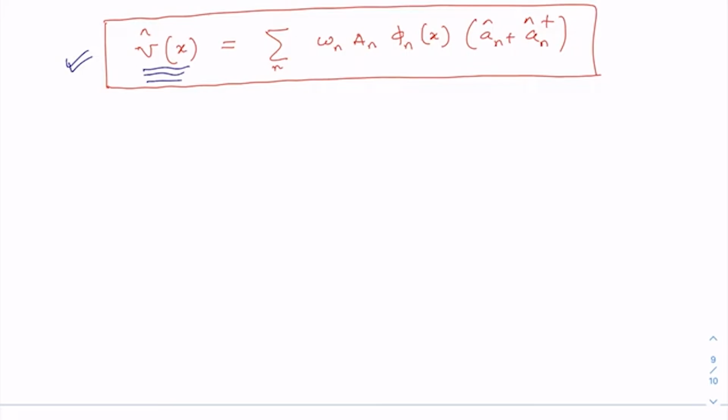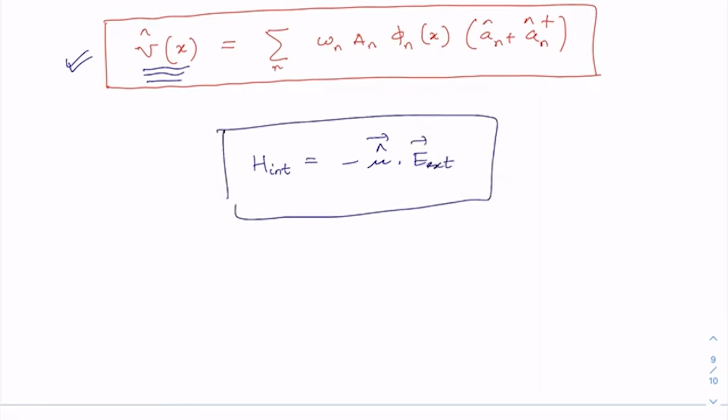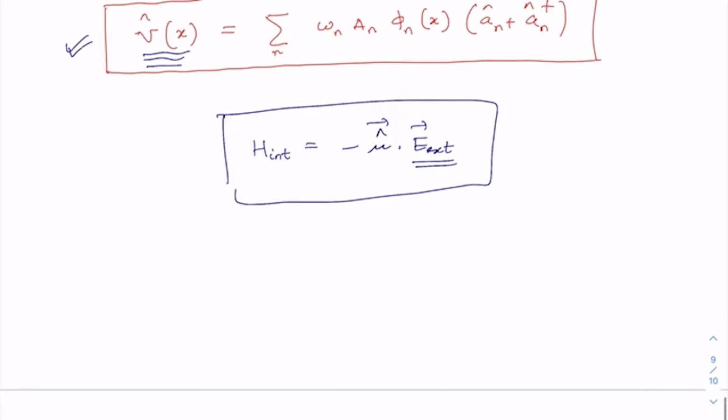This is in fact analogous to the case when you put a real atom in an external electric field, where the interaction term is given by this expression, where mu is the atomic dipole moment and E_ext is the external electric field.